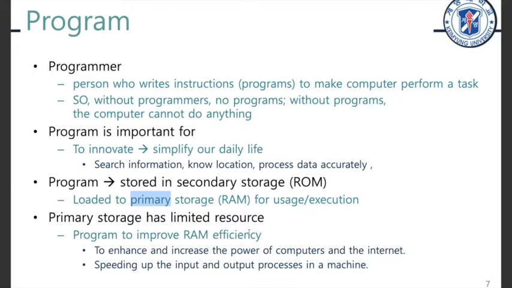We'll see why in the next slide. So when you are writing a program, one of the tasks is to write a program that improves the usage of RAM, or that improves RAM efficiency.